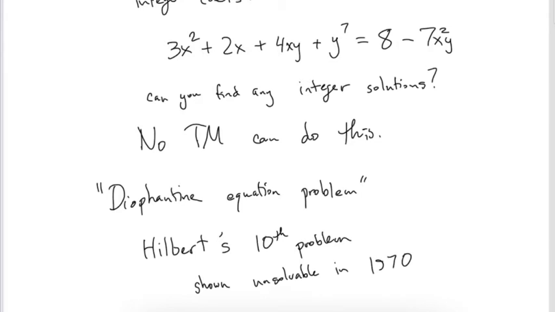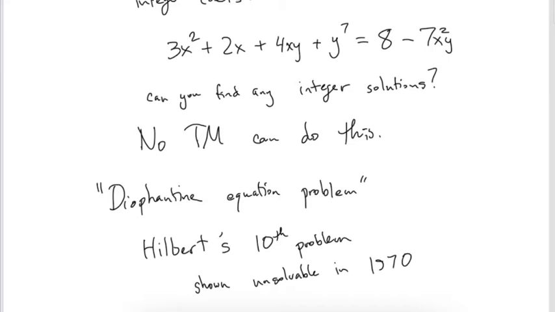The proof is way too hardcore for me, I can't read this proof. I would have to spend many months learning all kinds of background to read it. But this was a big deal at the time, to show that one of Hilbert's problems actually has no solution, which was not expected by anybody way back in the day. All right.